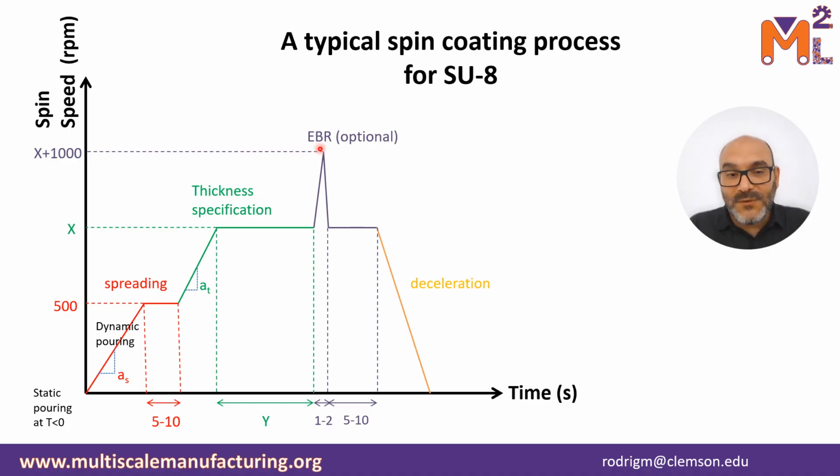After that burst, you come back to the x speed for 5 to 10 seconds in order to stabilize before you start decelerating. Some other spin coaters can also get fancier, shooting a particular solvent on the edge bead in order to dissolve it chemically. If you have access to those, that will be ideal. But always measure your edge bead, what the dimensions are, and how it's impacting your process.